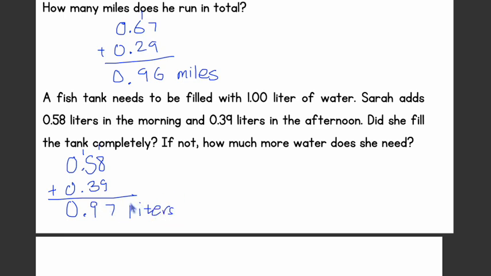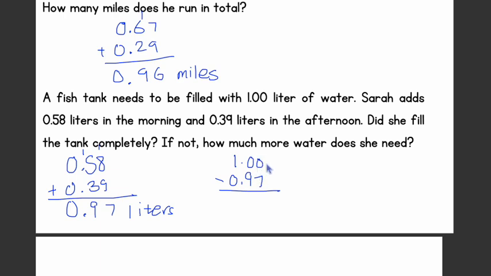But 0.97 is less than 1.00. So to find out how much more water she needs, we need to subtract this amount from 1.00. So we can do that here. Minus 0.97. Now the extra zeros here are helpful because they allow us to take a 1 from the tens place without getting confused.